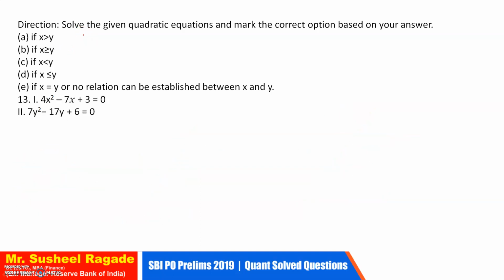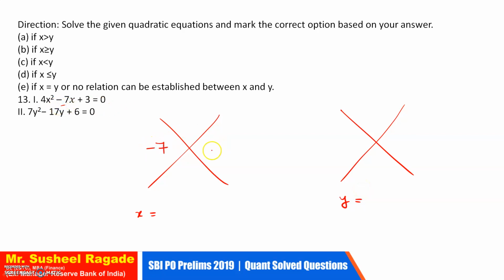This one is a little bit different, so please pay attention. First write this cross. These are the values of x and these are y. Here we write minus 7, and here the multiplication of these two, that is 12.